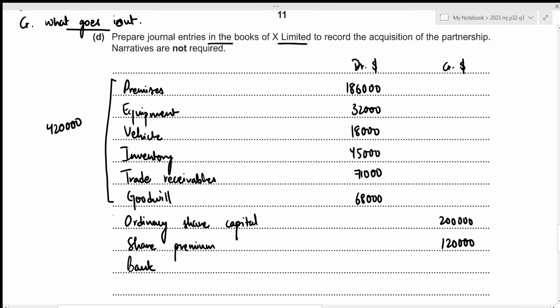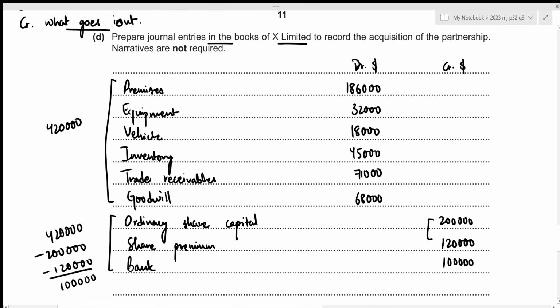So the total for the credit side should also be 420,000. So in order to figure out bank, we just need to subtract these two from our total. So that's minus 200,000 minus 120,000, which results in 100,000. So that's the amount that X Limited will pay in cash. And this concludes the journal as well.